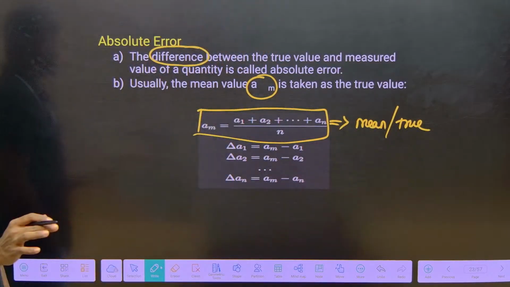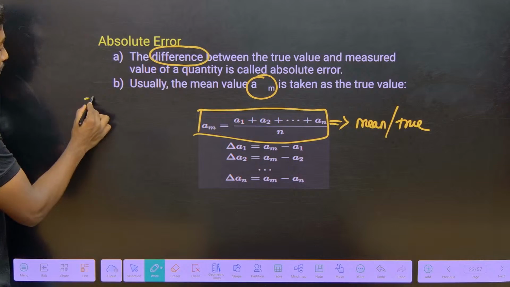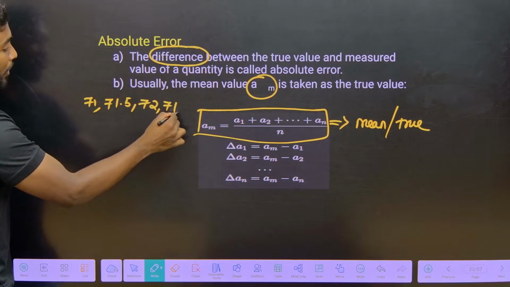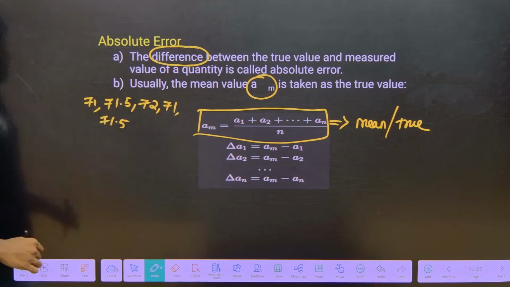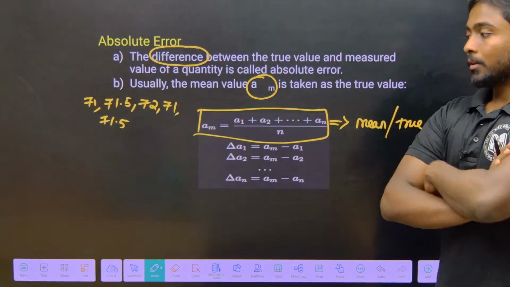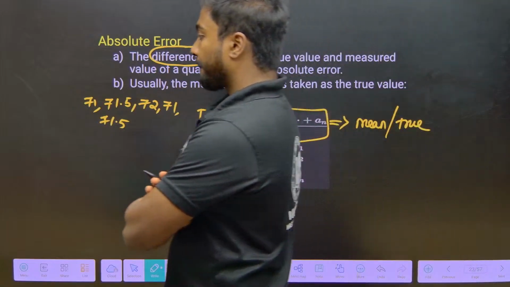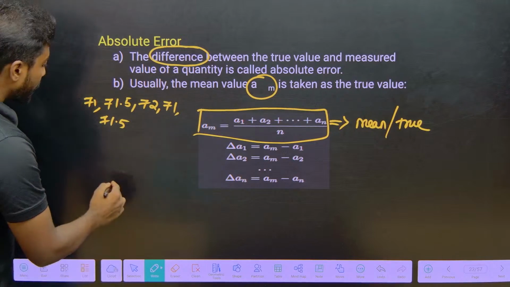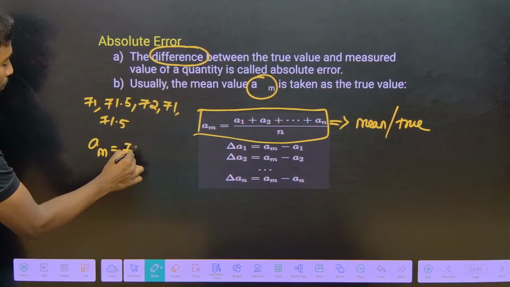Now if I want to find the error for each case, I took 71, 71.5, 72, 71, 71.5. Can you find what is the true value for this? The true value A mean is equal to 71.4.